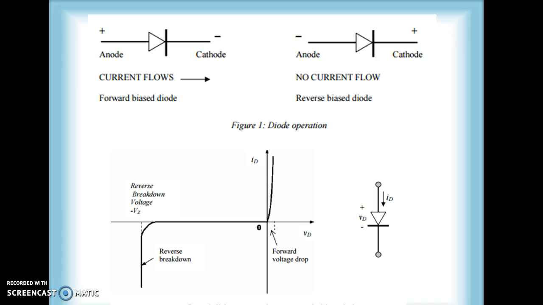It is used for phase detection also. In gain control circuits we also use the diode. It is used in power detectors, in AGC circuits, and in limiters and phase detectors also. So there are a number of applications of diodes.